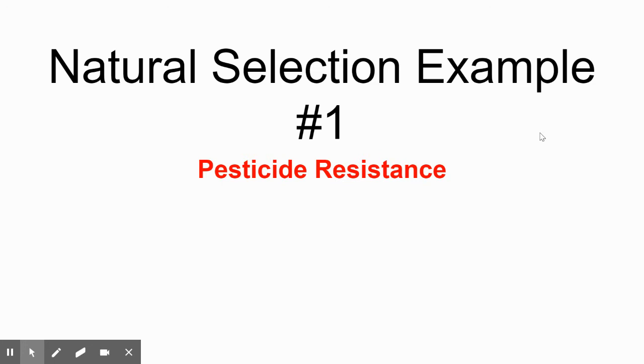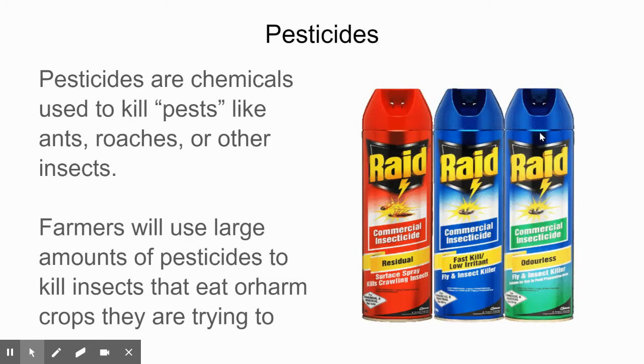The first example that we're going to look at is pesticide resistance. First of all, some of you might not know what a pesticide is, but these are just chemicals that kill pests. Some of you might have a can of roach spray or ant spray in your house. These are all pesticides that people use in their house.